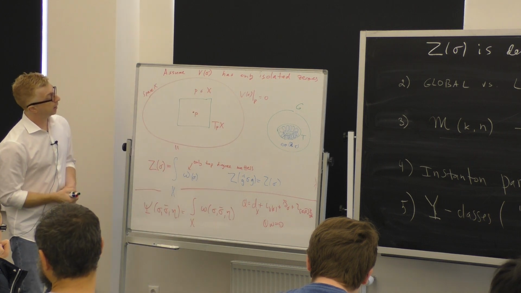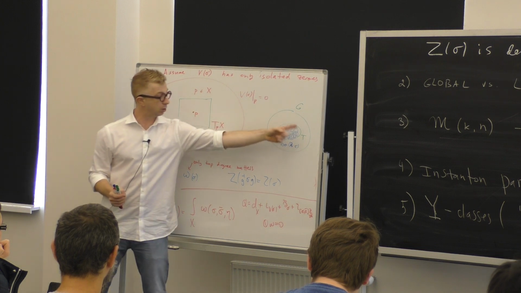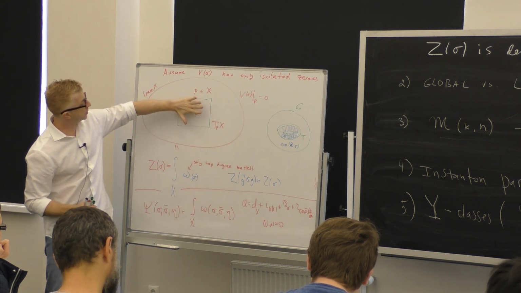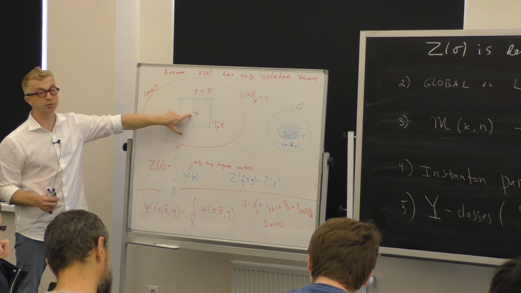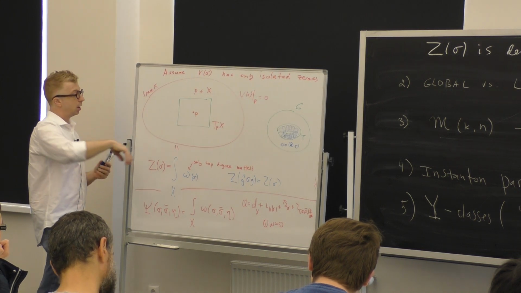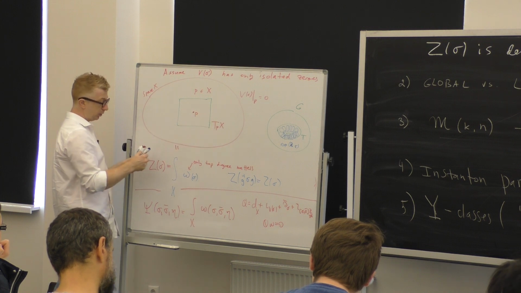So not only is this point p fixed by sigma, it is fixed by all of this torus. And therefore, the torus acts on the space X but preserves the point p. So it will act linearly on the tangent space to this point.